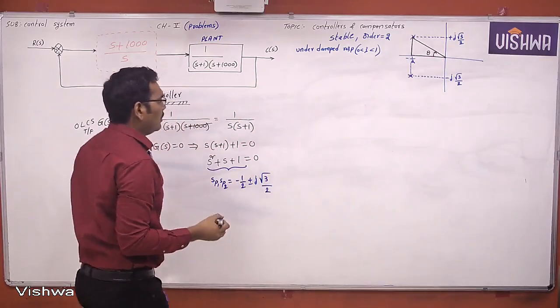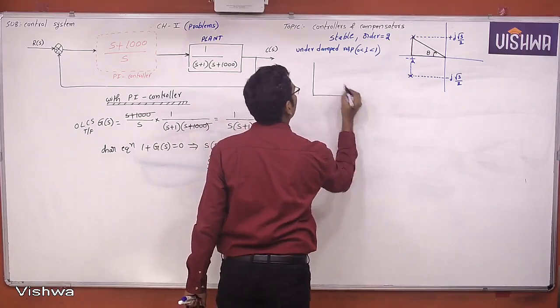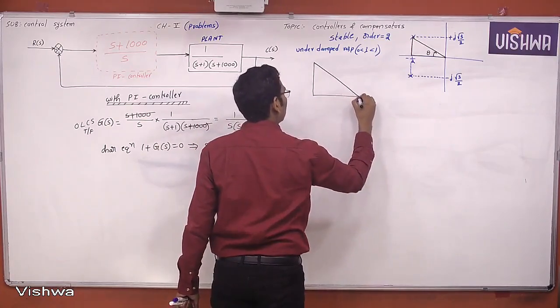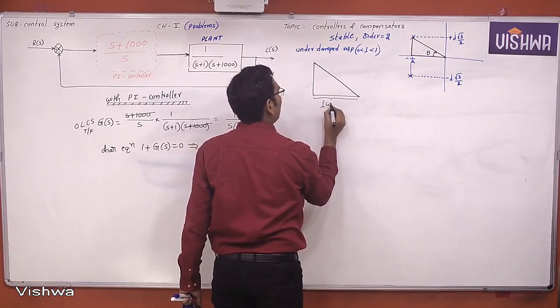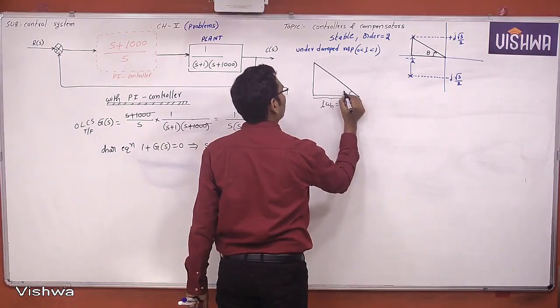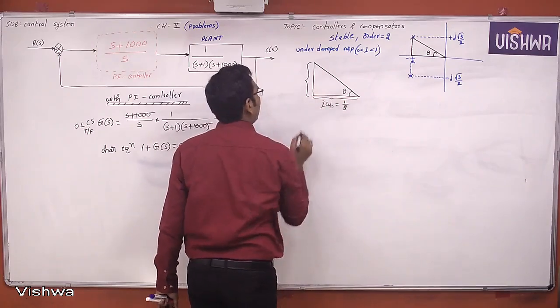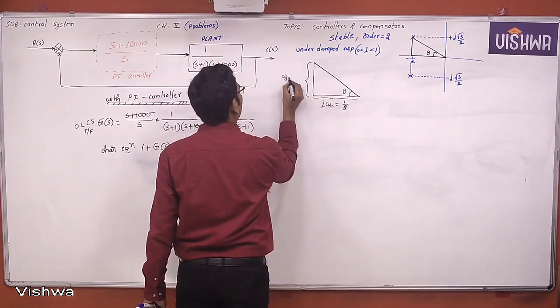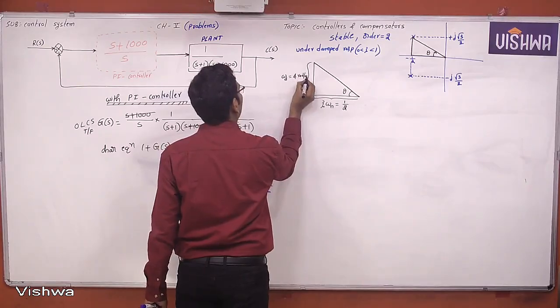Now see here, if I take this right angle triangle separately, the adjacent distance is zeta omega n, which is nothing but 1 by 2. Now what about this side distance? This side distance is omega d, which is equal to root 3 by 2 radians per second.